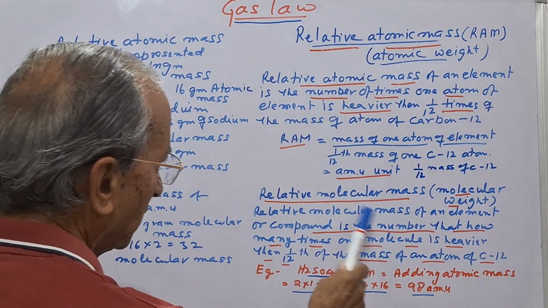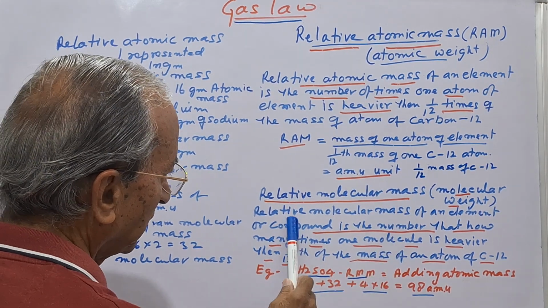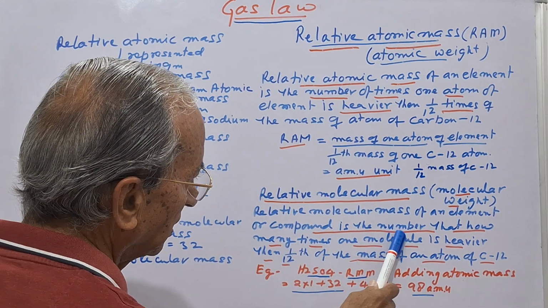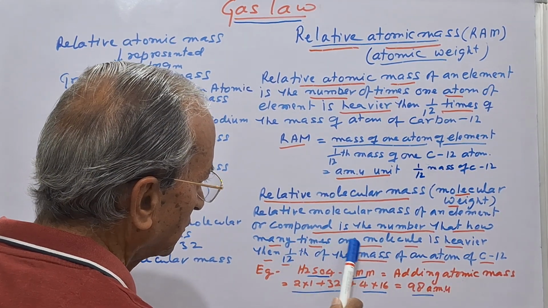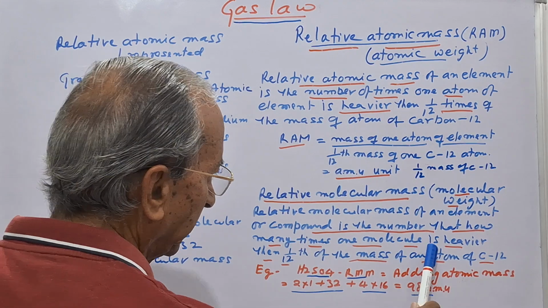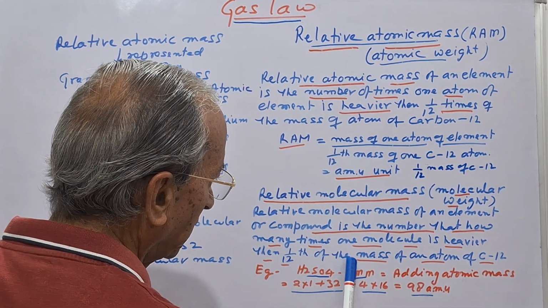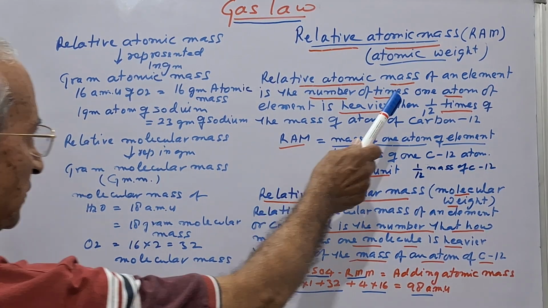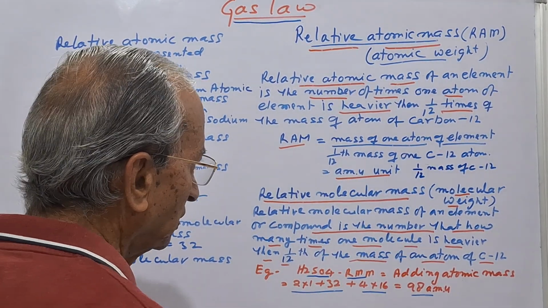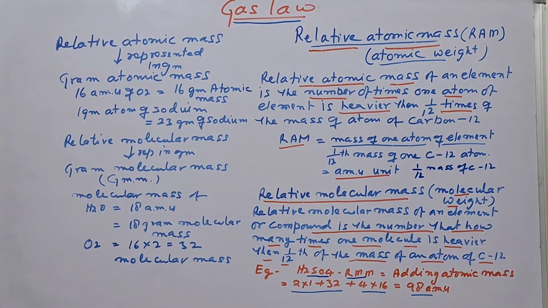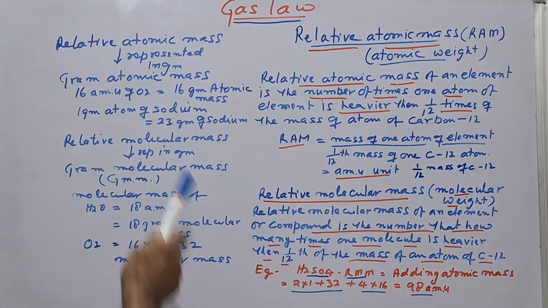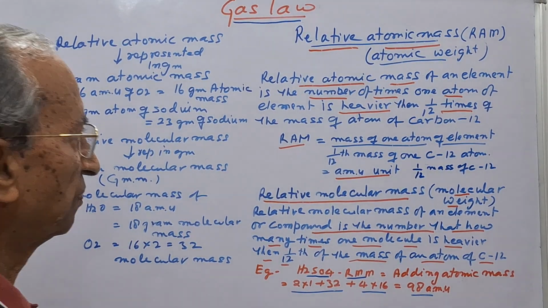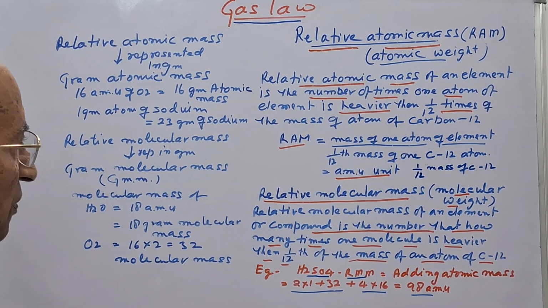In the same way, the relative molecular mass of an element or compound is the number of times one molecule is heavier than 1 upon 12 of the mass of an atom of carbon 12. And if this unit AMU is represented in grams, then it becomes the gram atomic mass or the gram molecular mass.